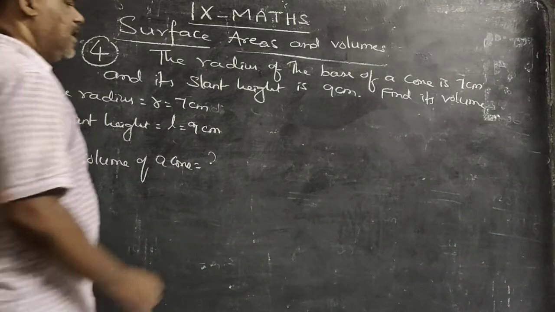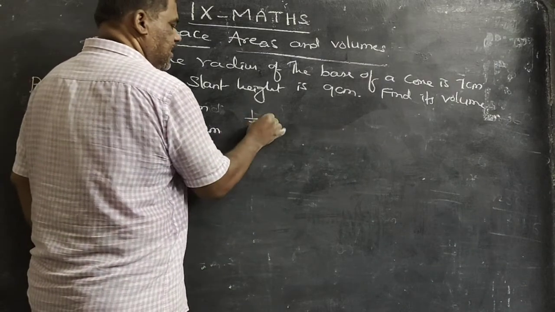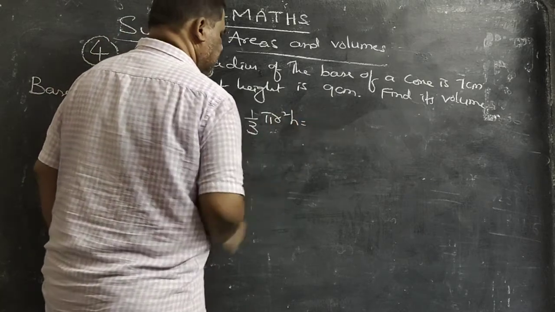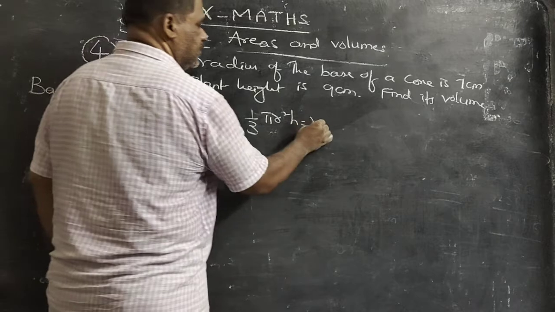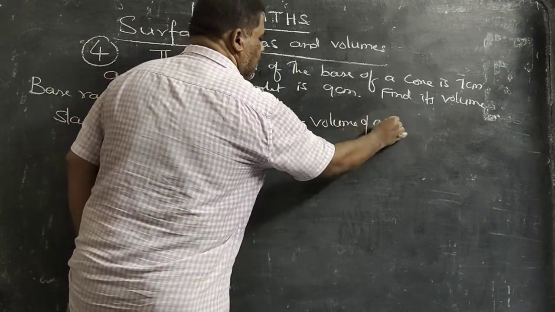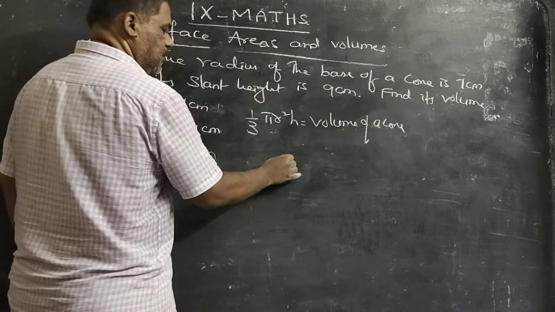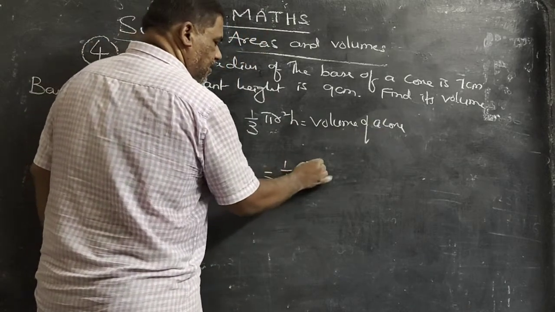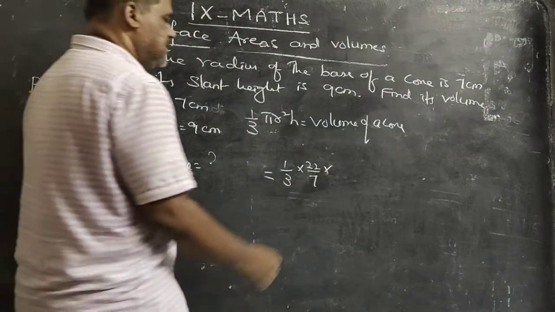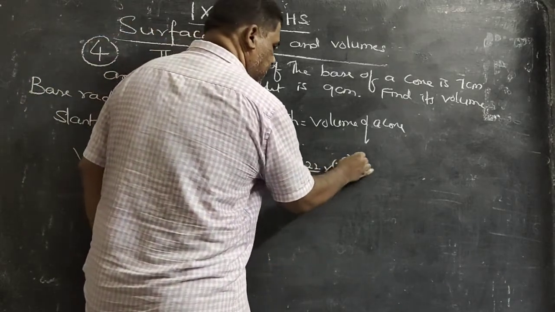Volume of a cone formula is 1 by 3 pi r square h. So 1 by 3, pi is 22 by 7, radius is 7, so it is 7 square.